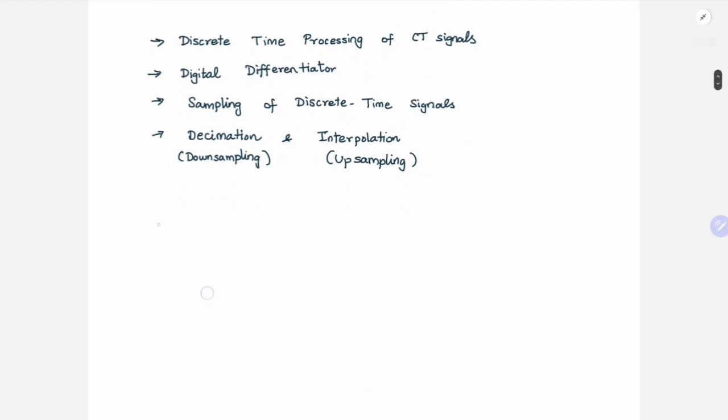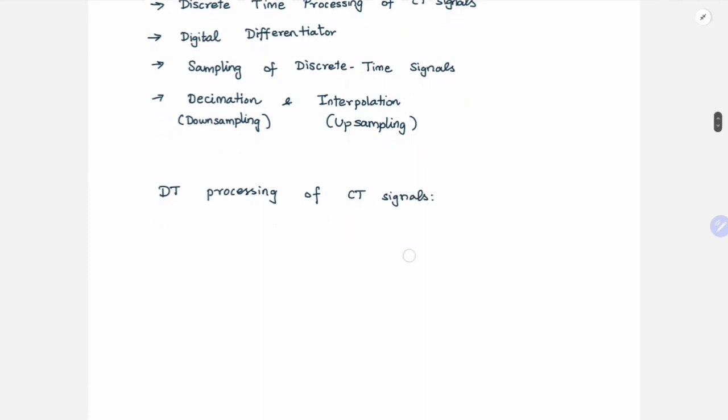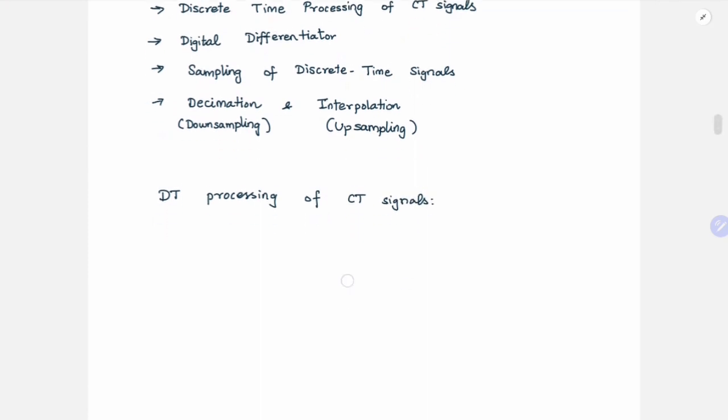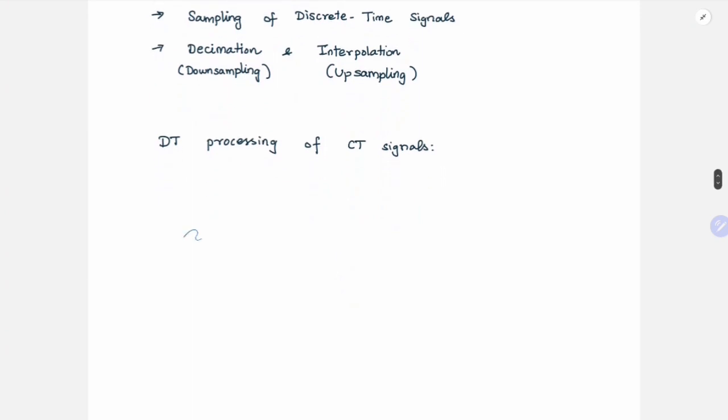So in the last video, we left at discrete time processing of continuous time signals. And I also showed the signal flow. So we first have the continuous time signal xc of t, and we have a continuous time to discrete time conversion.